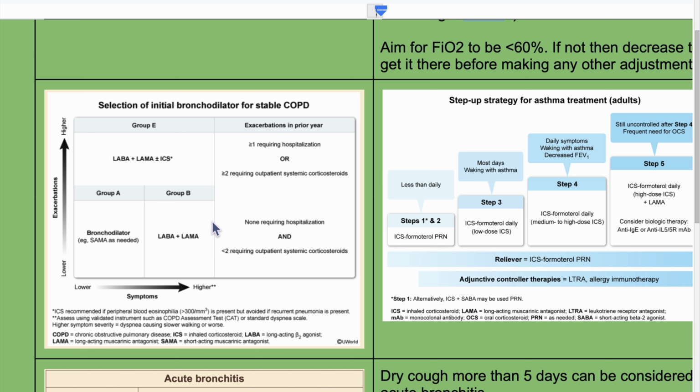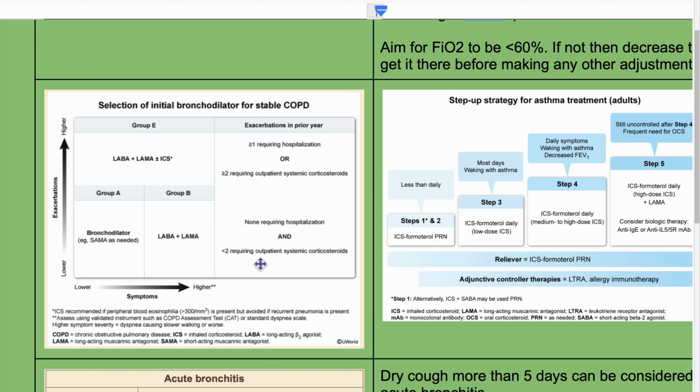Then comes LABA and LAMA. That's long-acting beta 2 agonists, like formoterol, and long-acting muscarinic antagonist, LAMA. So now it's not on an as-needed basis. This is a daily occurrence, right? Not requiring hospitalization, and less than 2 requiring outpatient systemic corticosteroids. Okay.